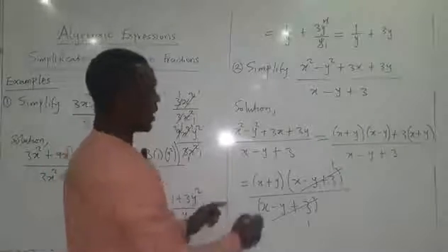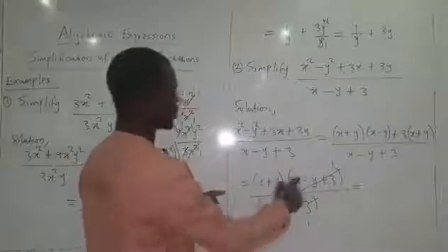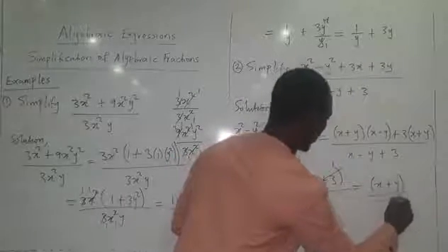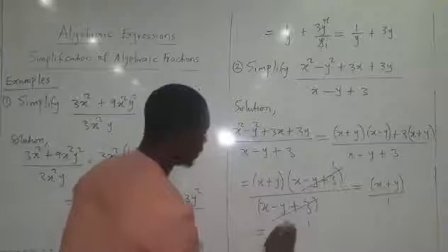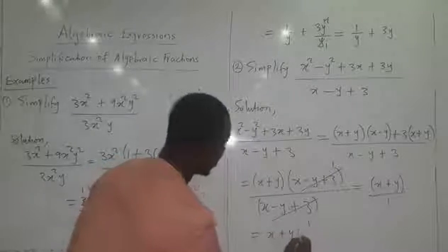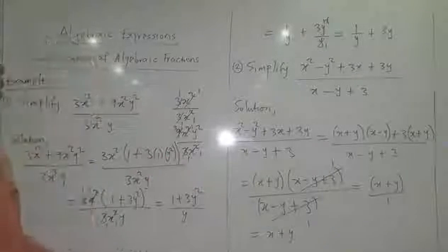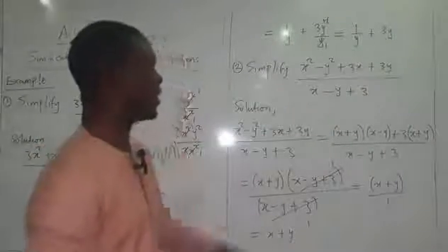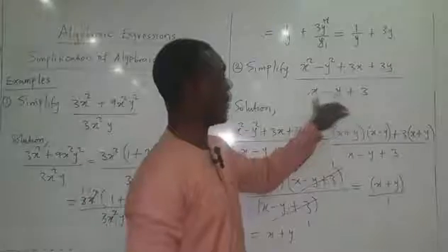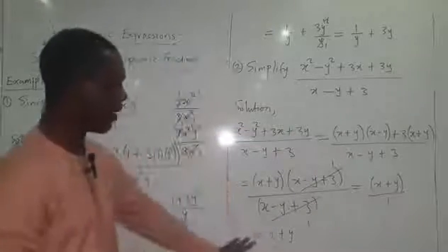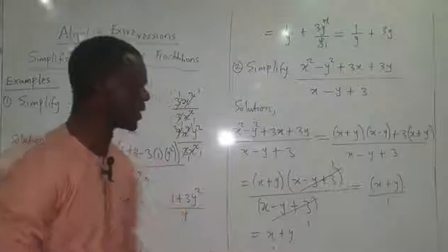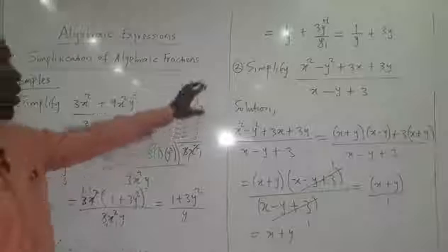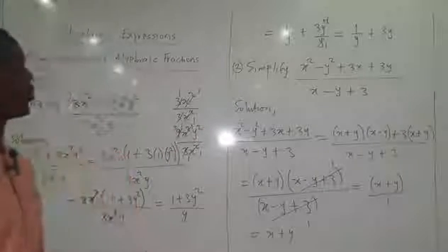You will now be left with x plus y times 1, that is x plus y, all over 1, which is the same thing as x plus y. So the simplification of example 2 gives the answer x plus y.